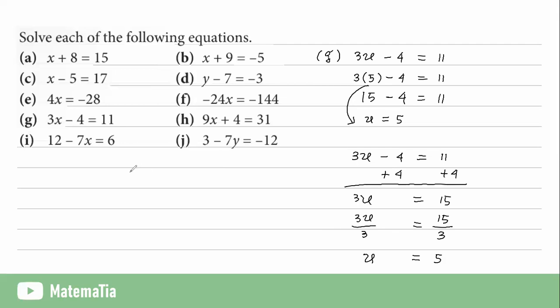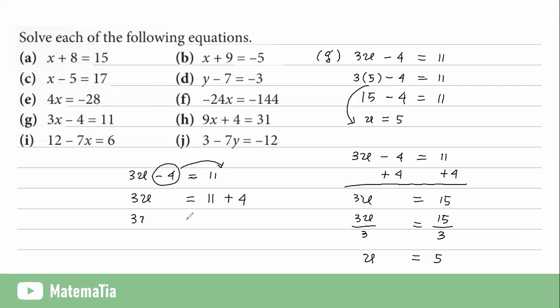And then the next one, 3x minus 4 is equal to 11. Okay, the first step, we have to change this number into the right-hand side of the equation by changing the sign into the opposite operation. Because here we have subtraction, minus 4, so it will be plus 4 when we change it to the other side. So here we only need to write 3x is equal to 11, and then minus 4 becomes plus 4.